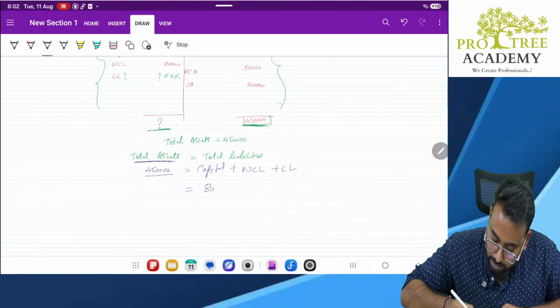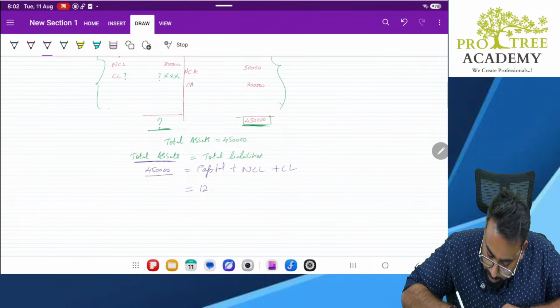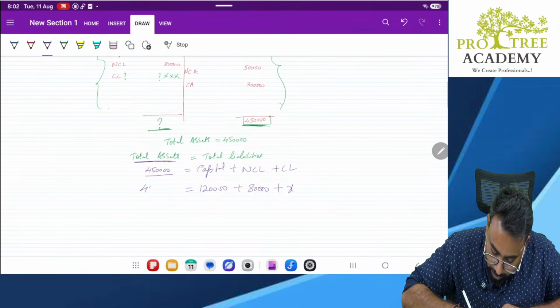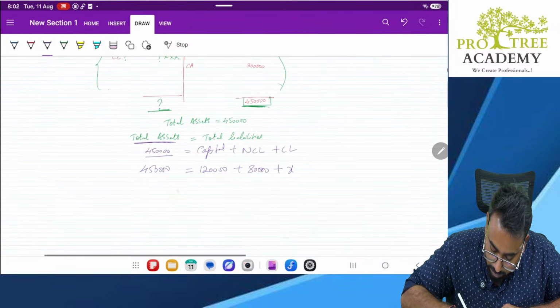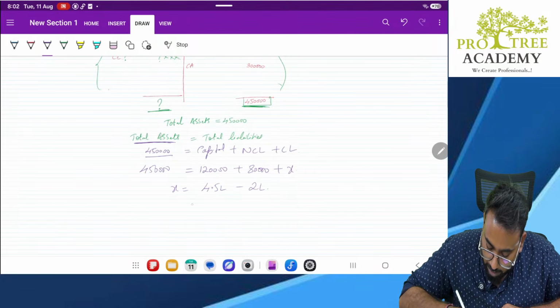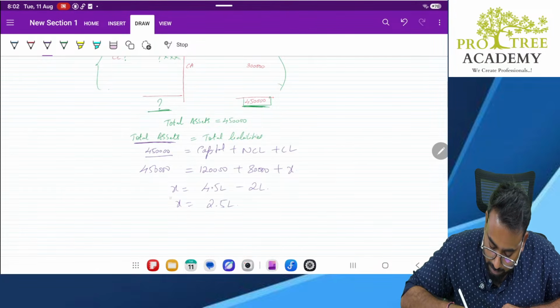Sir, capital is 1,20,000. Very good. Non-current liability you have? Yes, sir. You know what is current liability? No, sir. That is what I want to find out. Very good. Find out. X is equal to 4.5 lakh minus 2 lakh, so X is equal to 2.5 lakh.